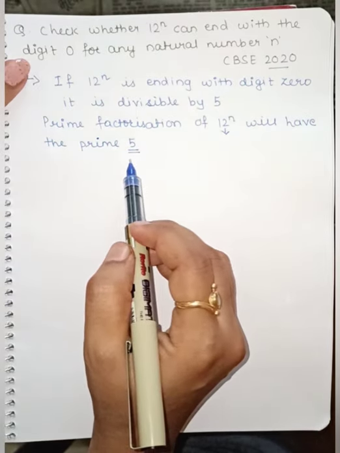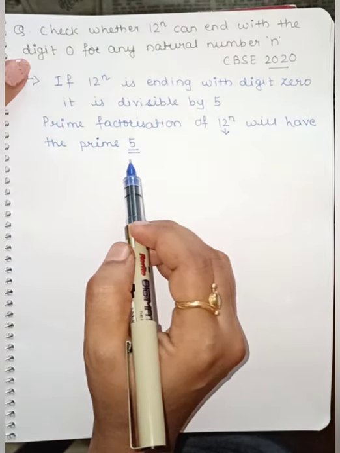So let us write down the prime factorization. So 12 raised to n. How can I write 12 in terms of prime factors? It is 2 into 2 into 3, all raised to n.